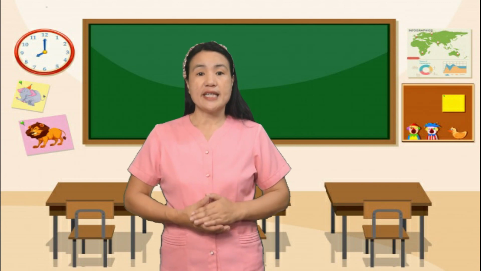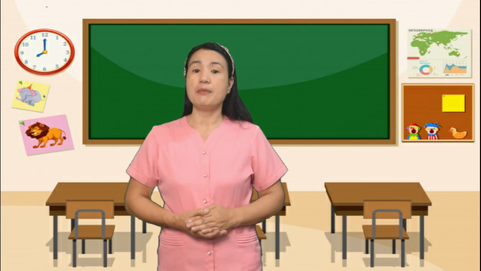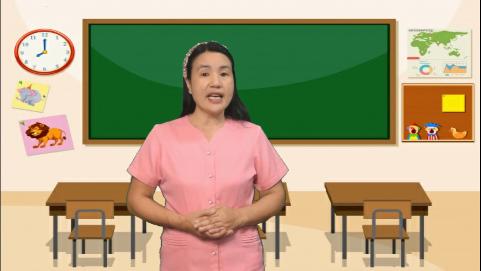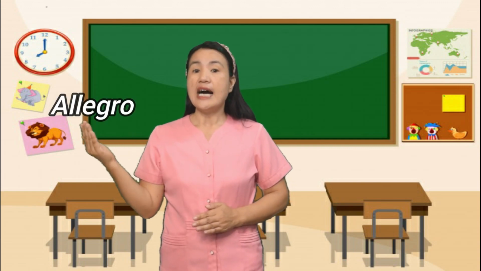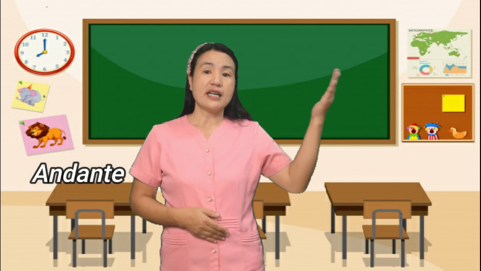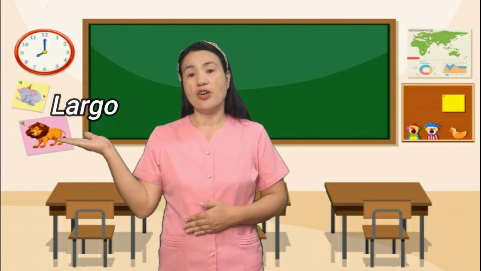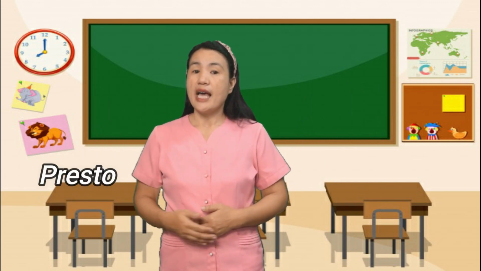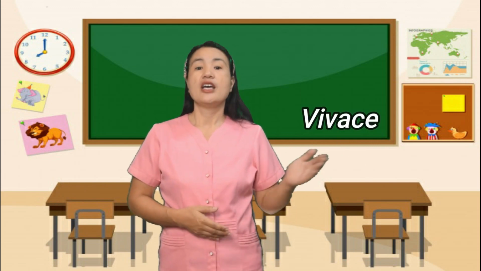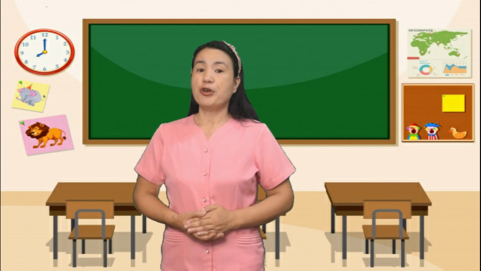Now that you understand the different tempo in a music sample like allegro, andante, retardando, accelerando, largo, presto, and vivace, you are now ready for the activities in What's More.